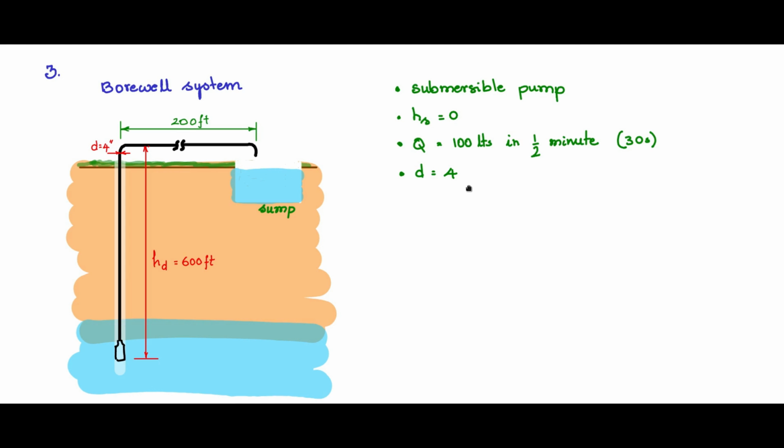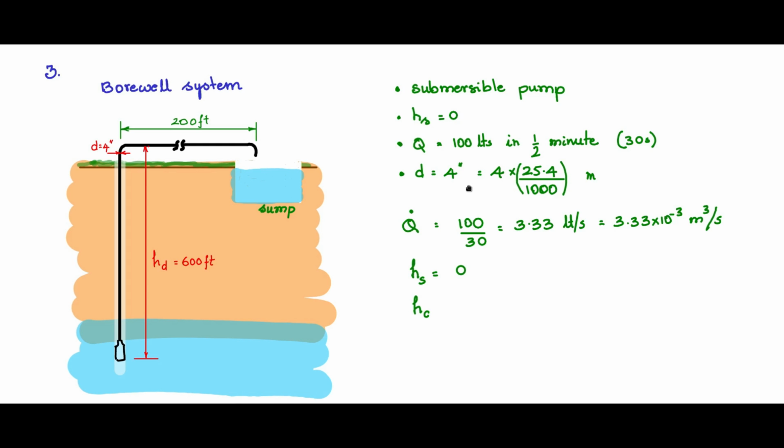So this dia of 4 inch boils down to 4 into 25.4 by 1000 to convert it into meter. Q dot, the discharge rate or the flow rate, is 100 liters in 30 seconds, which will give you 3.33 liters per second, which is 3.33 into 10 to the power of minus 3 meter cube per second. Hs is 0, Hd is 600 feet, which can be converted into meters by this conversion factor, 12 into 25.4 by 1000.